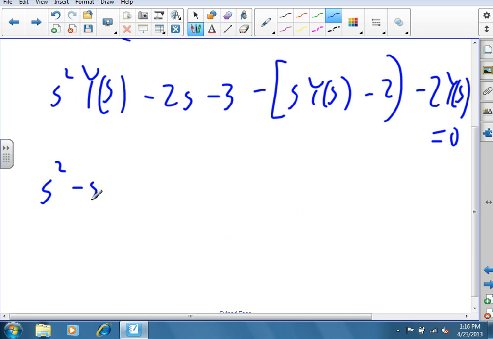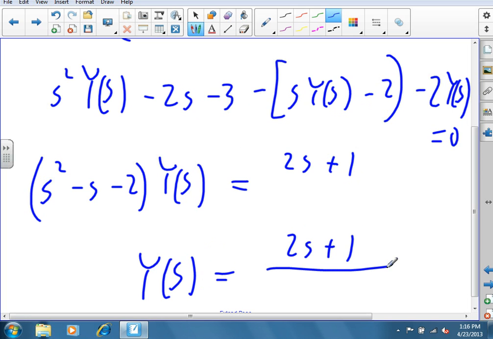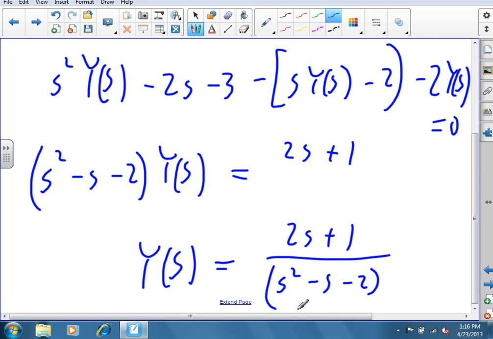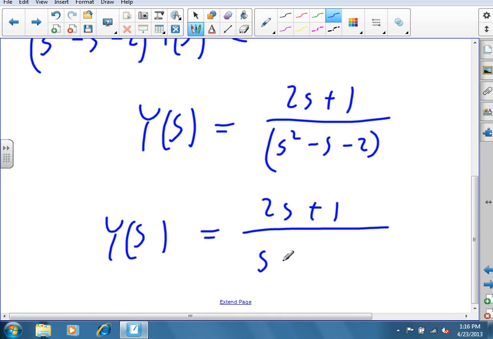S squared minus s minus 2 times y of s equals 2s, the 3 minus 3, but there's a plus 2, so that'd be a plus 1. Y of s equals 2s plus 1 over s squared minus s minus 2. Looks like that factors to me. Y of s equals 2s plus 1 over s minus 2 times s plus 1.